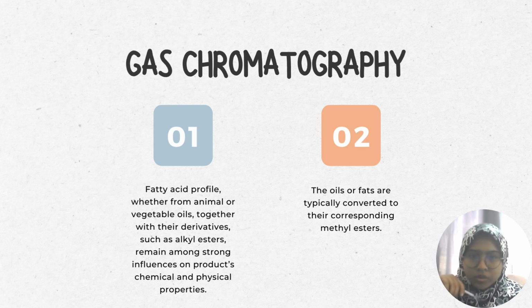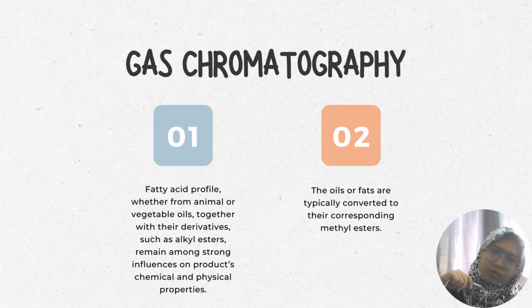And next, chromatography. For the fatty acid profile, whether from animal or vegetable oil together with their derivatives such as alkyl ester, the fat or oil are typically converted to their corresponding methyl ester.